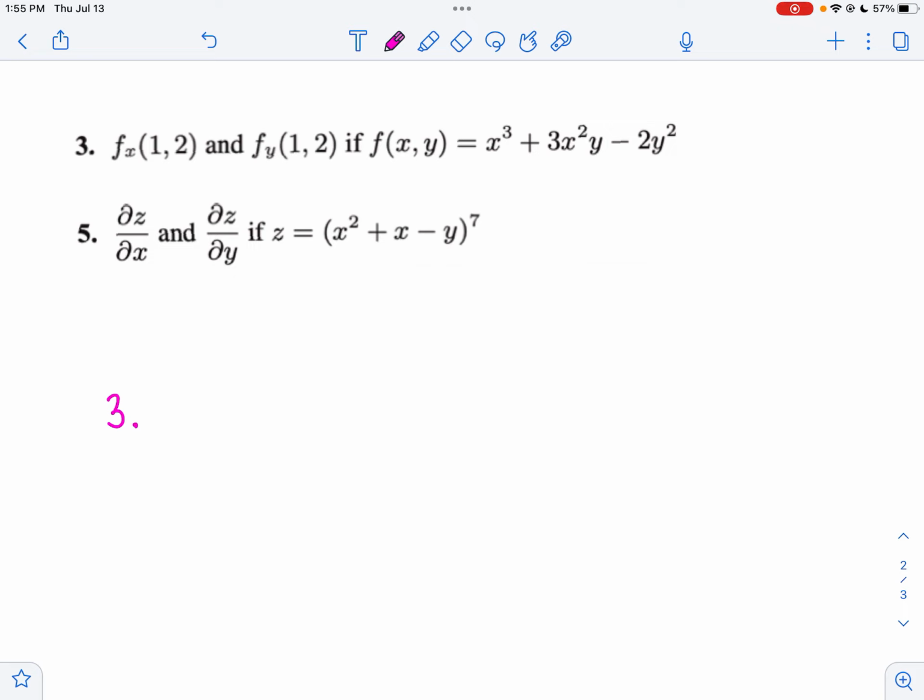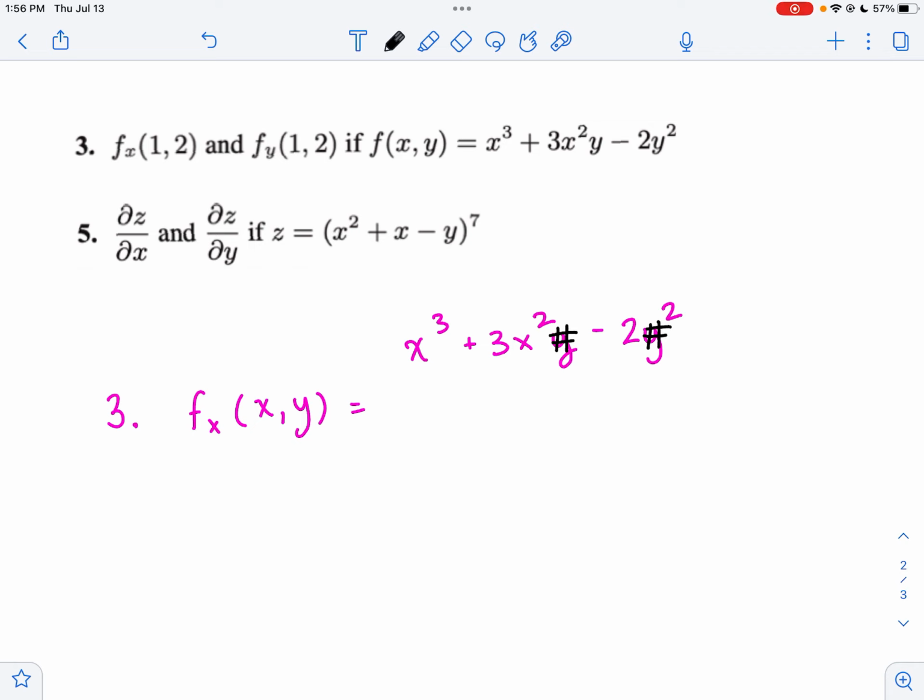Pretty much, if we're taking the partial derivative with respect to x, I might think about, if I copy this back down, I'm not necessarily ignoring y, but I'm considering y to be almost just like a constant. So maybe it helps to just pretend those are some sort of numbers, and then how would the derivative act if y was just considered a number, and we're really just deriving with respect to x.